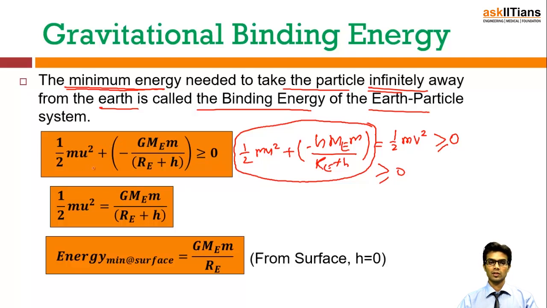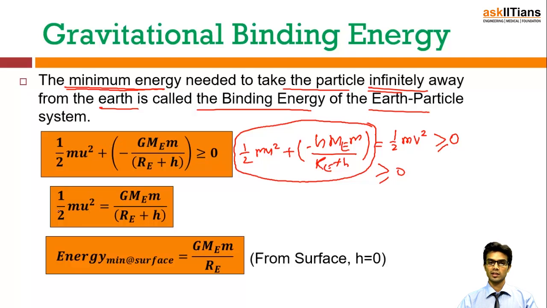Solving this equation, half mu square is greater than or equal to GMem by (Re plus h). For the minimum there must be equality, and we are trying to calculate energy, not velocity. If we wanted to find velocity, we would cancel the mass and move the 2 to the right side, so we could find the velocity u, but here we are trying to find energy.